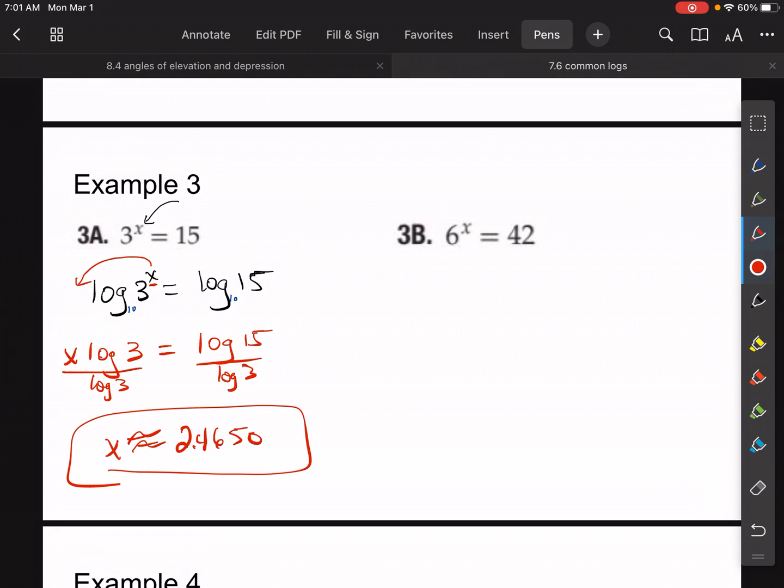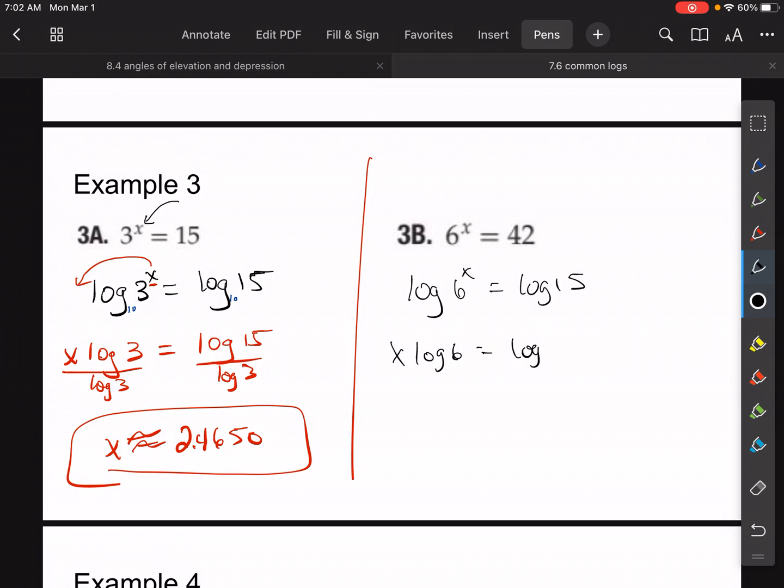All right, so I trust that you could do this just like I did for 3b, so go ahead and take a shot at that. And here we go, let's work this. So log of 6^x is equal to log 15. So pull the x out front, right? x log of 6 is equal to log 15.